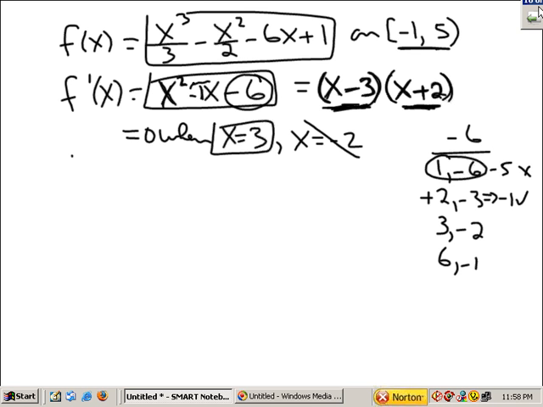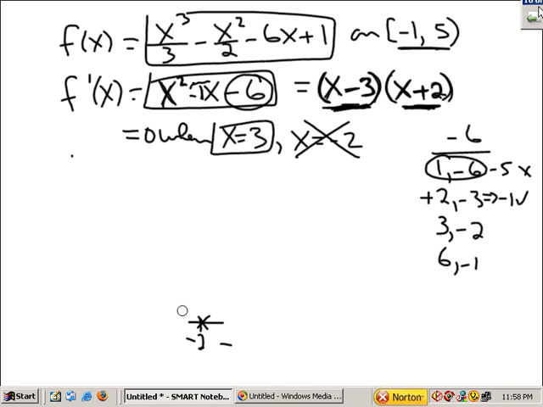But we're going to reject negative 2 because it's not between negative 1 and 5. Negative 1, 5, I like to put 0 in between here. It is not negative 2. Negative 2 is right there. It's honestly not in between negative 1 and 5. That's why we ignore the negative 2.